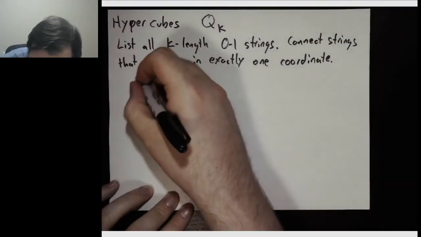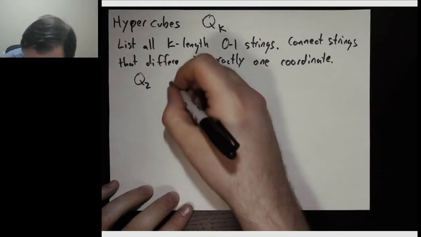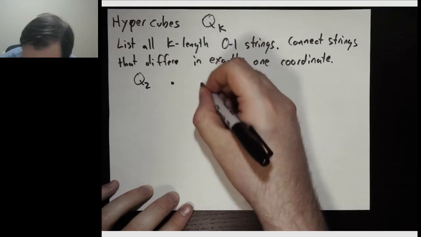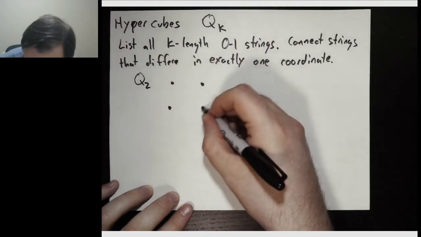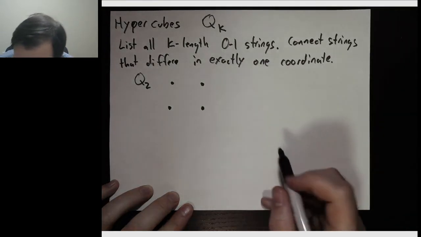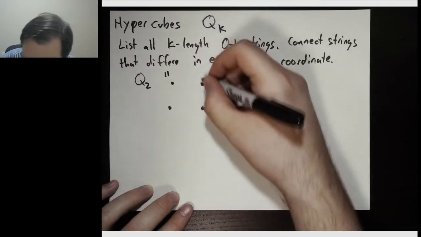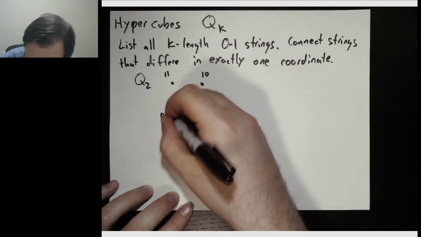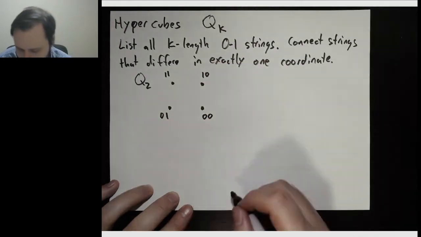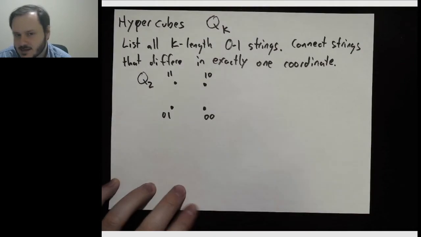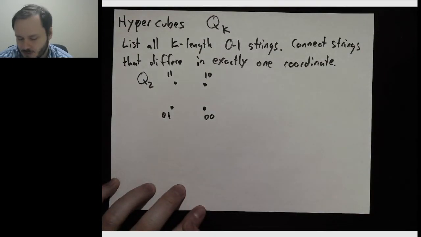So Q_2: I list all of the 0,1 strings of length 2: 11, 10, 01, 00, and I connect them if they differ in one place.